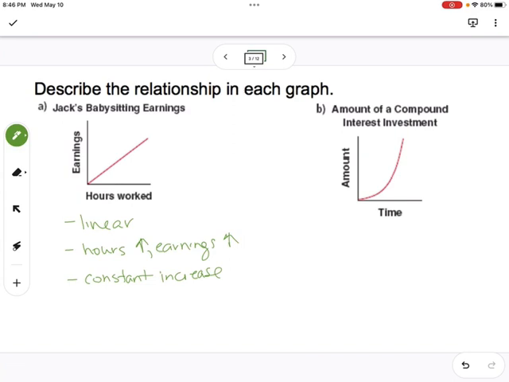So looking at this one is an exponential. And this is exponential growth, more specifically. So as time increases, the amount also increases.